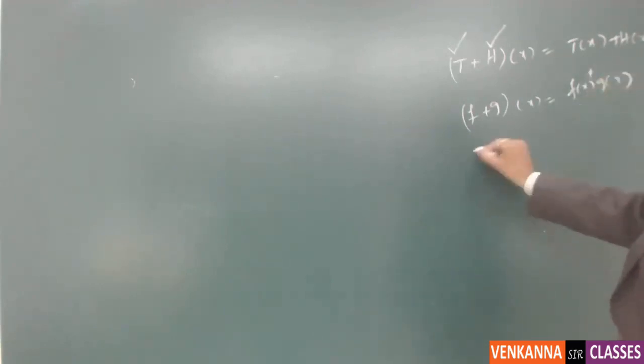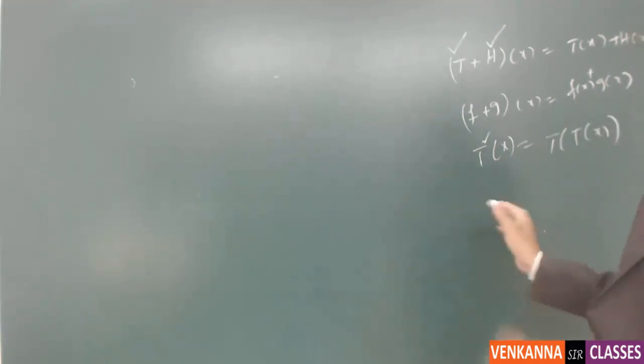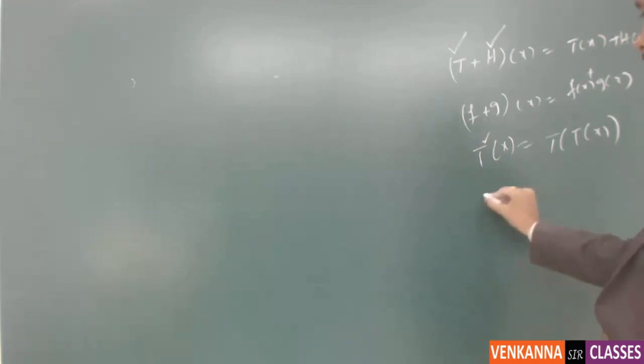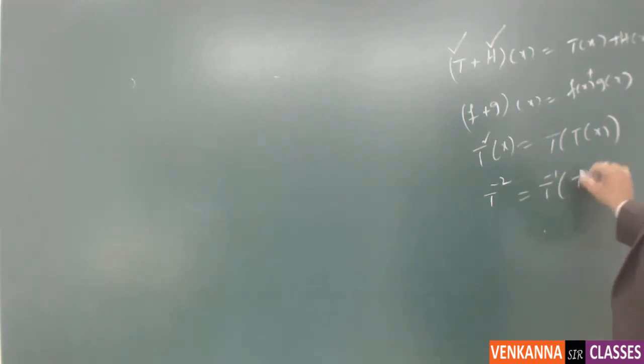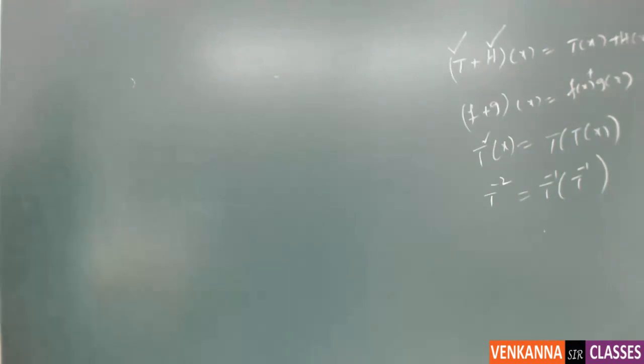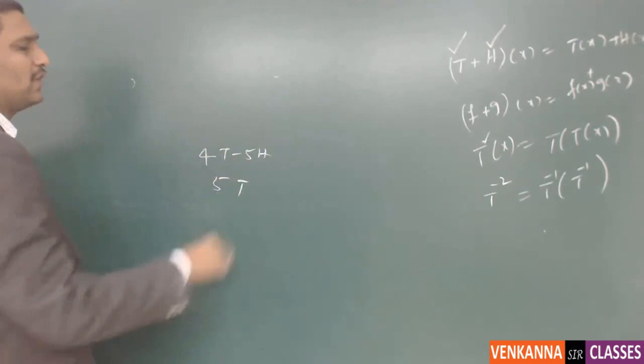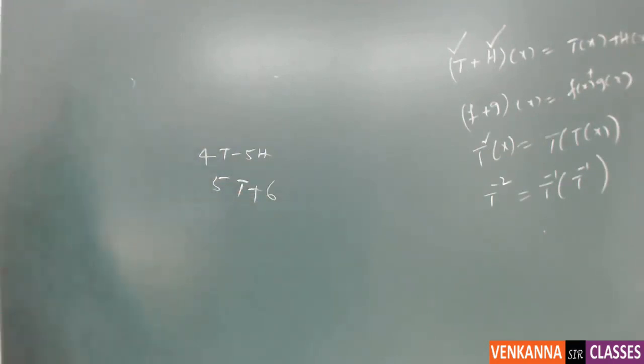If I have mentioned T square of x, it is just like T circle T. If I have given T square, you are applying T two times. That's it. Whatever we do with regard to functions, like 4T minus 5H, 5T plus 6, etc., all these are nothing but the function properties we did earlier. Nothing different is there. Okay.